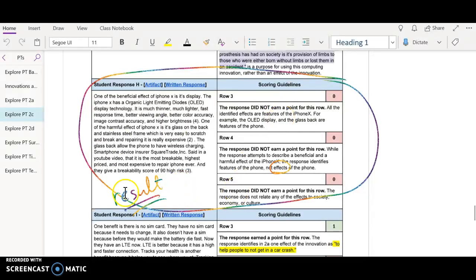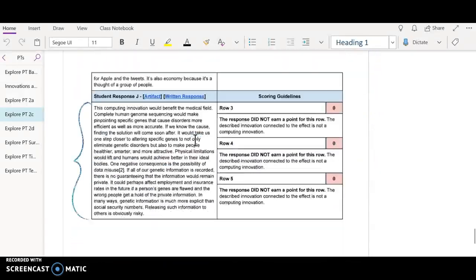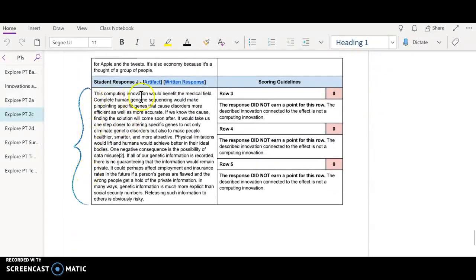This received no credit because they really just talked about features instead of results. And this last one is interesting because it's actually written really well, but it doesn't address any of the prompts. So it's more important that you just write clearly and address the prompts than to do anything outstanding in terms of your construction and writing here.